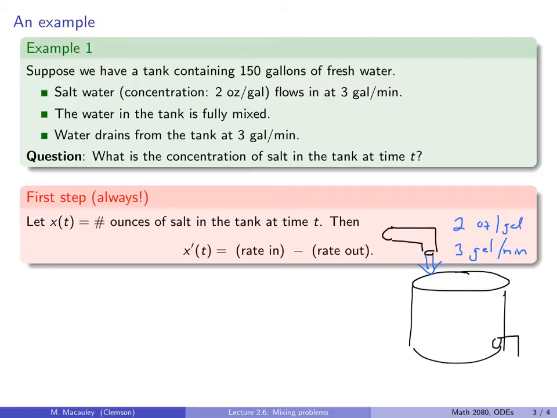We have water that is leaving at the same rate, so 3 gallons per minute. We are initially starting with 150 gallons. Actually, that's not going to change because our rate in is equal to our rate out. So, given this, let's follow this step.